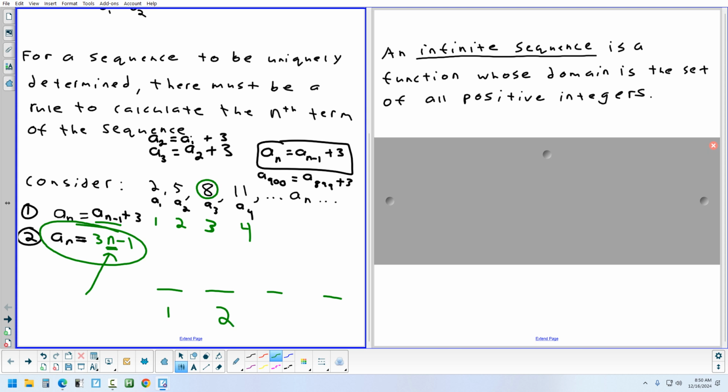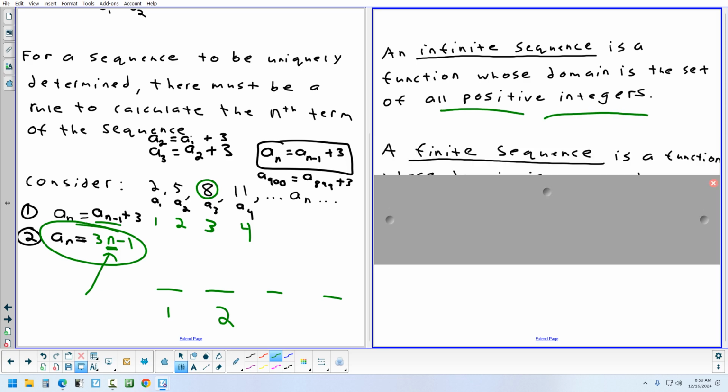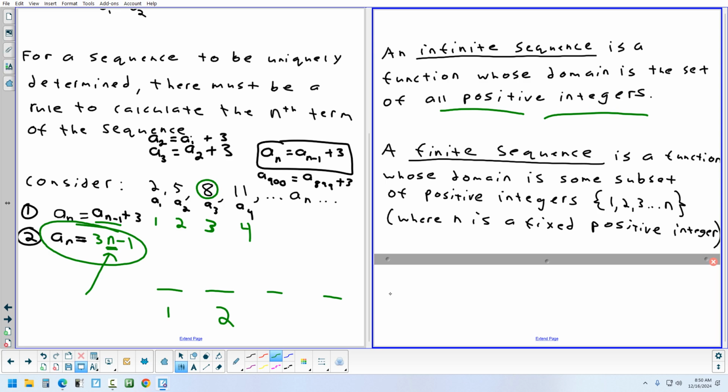There's only positive integer positions, starting at 1 and going up. So in an infinite sequence, the first position is 1, and there's an infinite number of positions. It never stops. That's different than a finite sequence. A finite sequence starts at 1, and it stops somewhere.